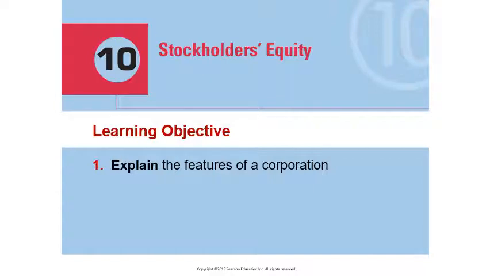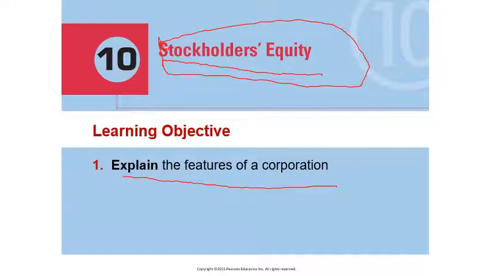And now let's start our final topic, which is accounting for stockholders' equity. Our first learning objective is to explain the features of corporations. And remember, stockholders' equity is the last item on the accounting equation.